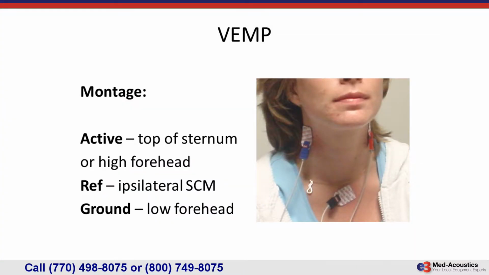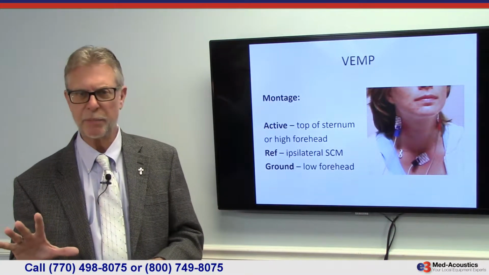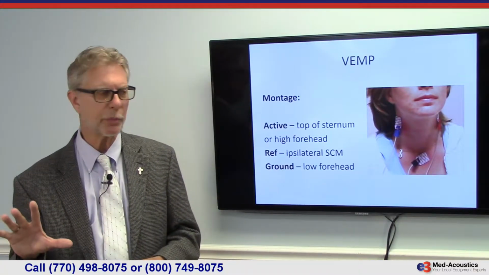So here's the electrode montage that we were using for the first couple of years that we were doing VEMPs. And eventually we changed that because a couple of studies indicated that another montage would be better.